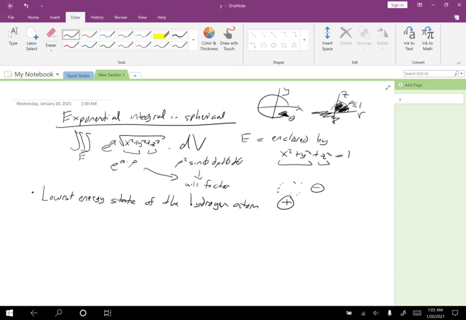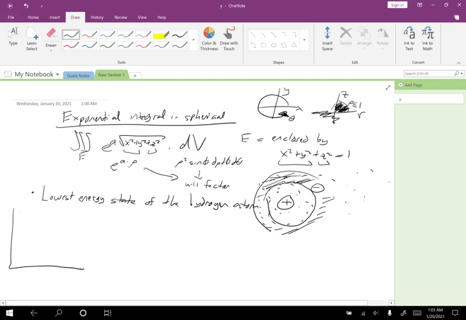It can exist anywhere in space, but it'll be clustered around regions which are high likelihood. So if I drew the probability of finding the electron as a function of rho, what it would look like is something like this.